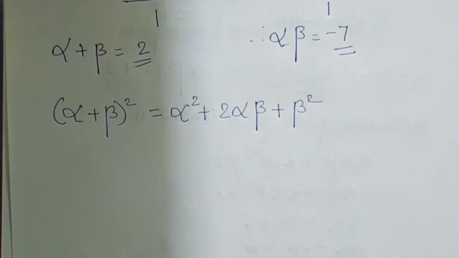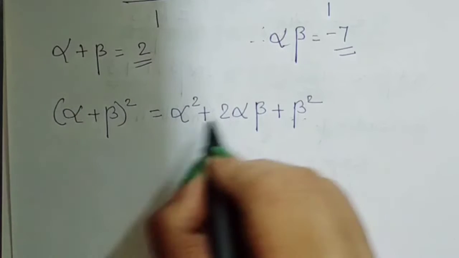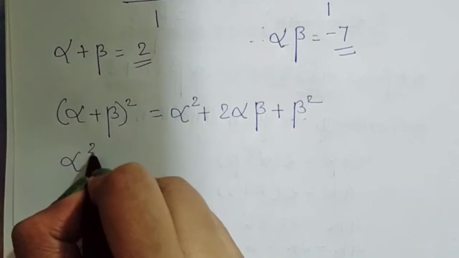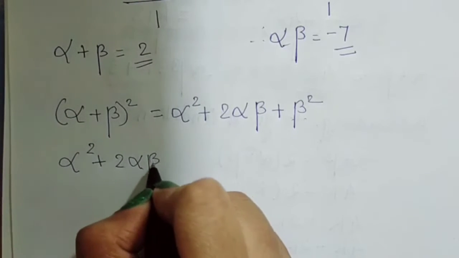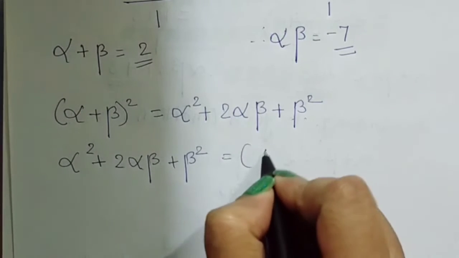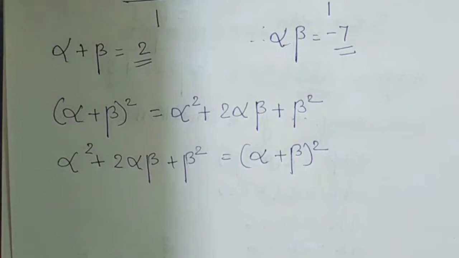Got it? Now the whole of this I will write on the left side: alpha square plus 2 alpha beta plus beta square is equal to alpha plus beta square.